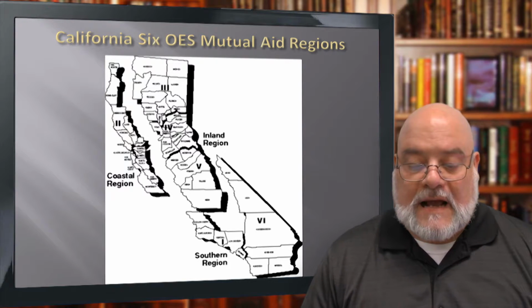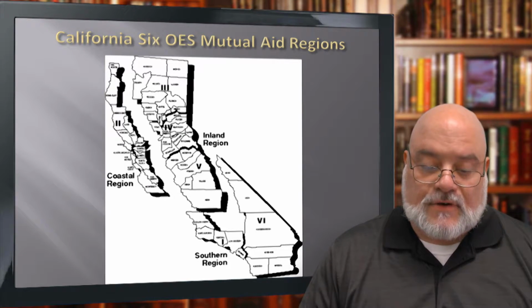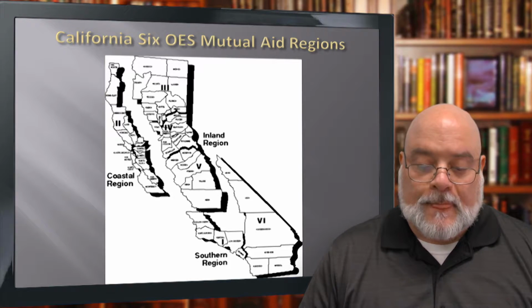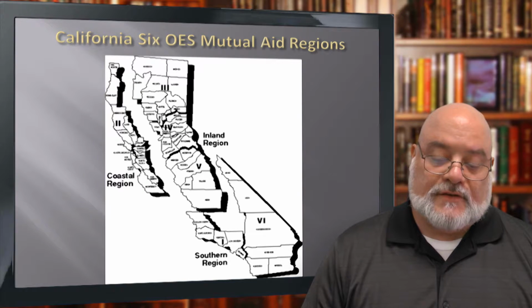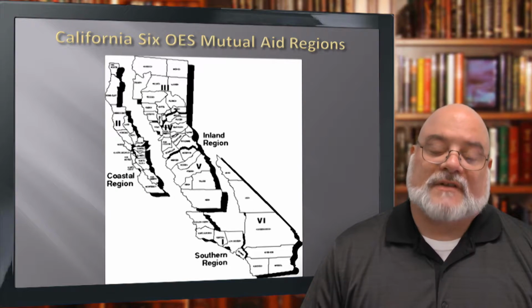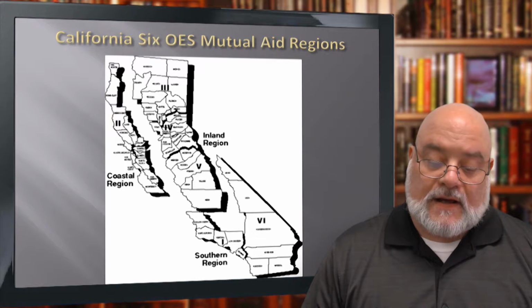So here is a map of the overview. If you look at the very top, you can see Region 3. Just below that is Region 4. The coastal region is huge. Geographically, it spans over 800 miles. It goes from Humboldt all the way down the coast.